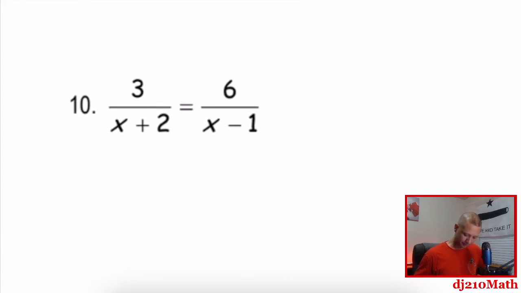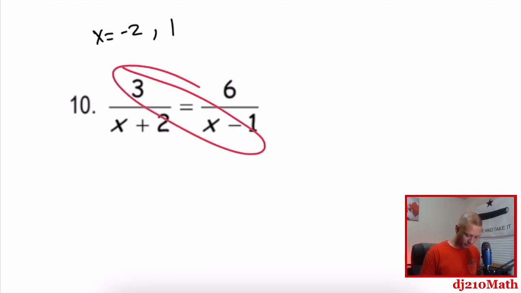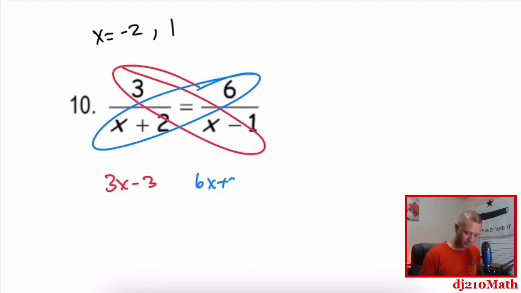All right, number 10. Bad answers: -2, +1. This way, we're going to get 3x minus 3 is equal to 6x plus 12. Okay.